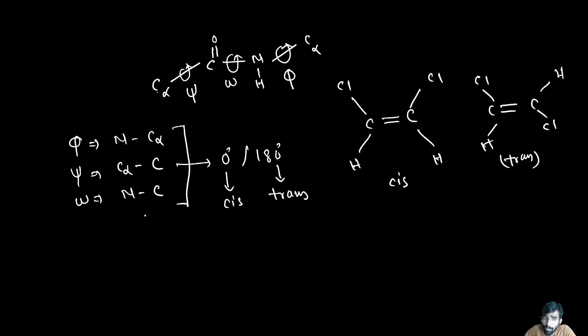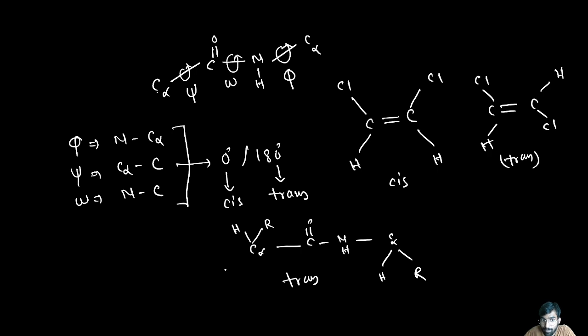In case of amino acid, what will happen as cis trans? Suppose this is C alpha and this is H, R, and now CO, NH, now C alpha, H, R, that is trans.